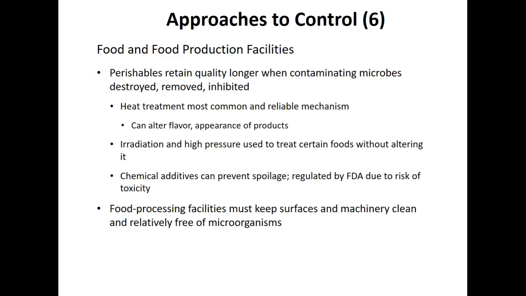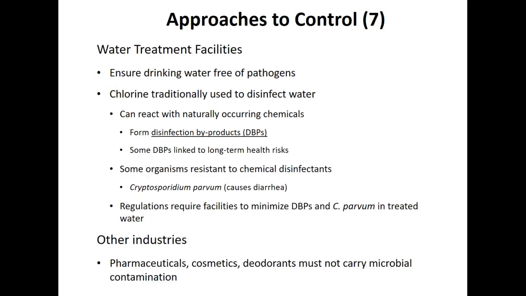But nonetheless, it's important to try and control the growth of microbes on our food. There are several different approaches. You can heat the food in order to try and control the microbial growth. There are different chemical additives that can be used. UV radiation also is a very commonly used process to control microbial growth in the food industry as well.